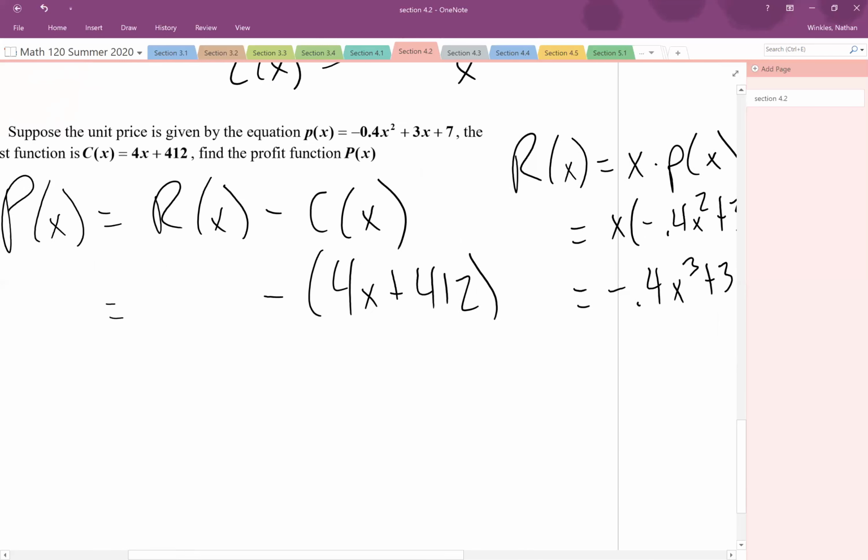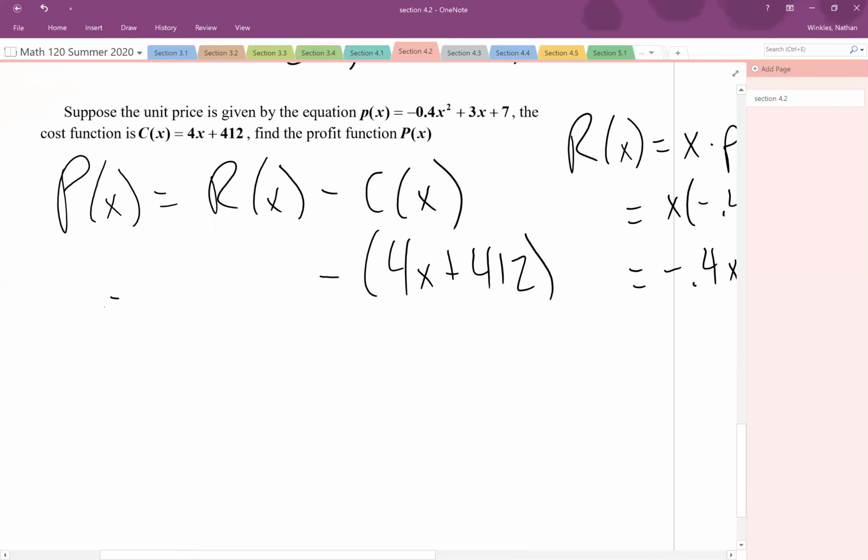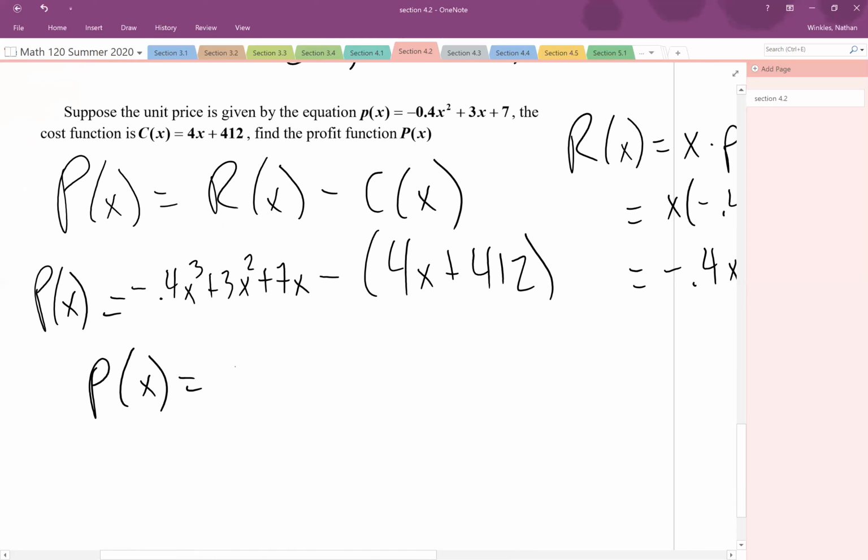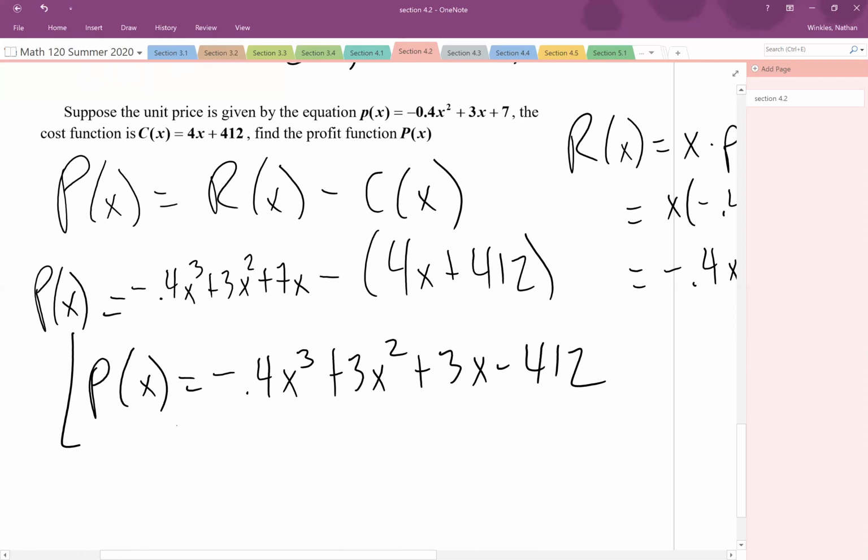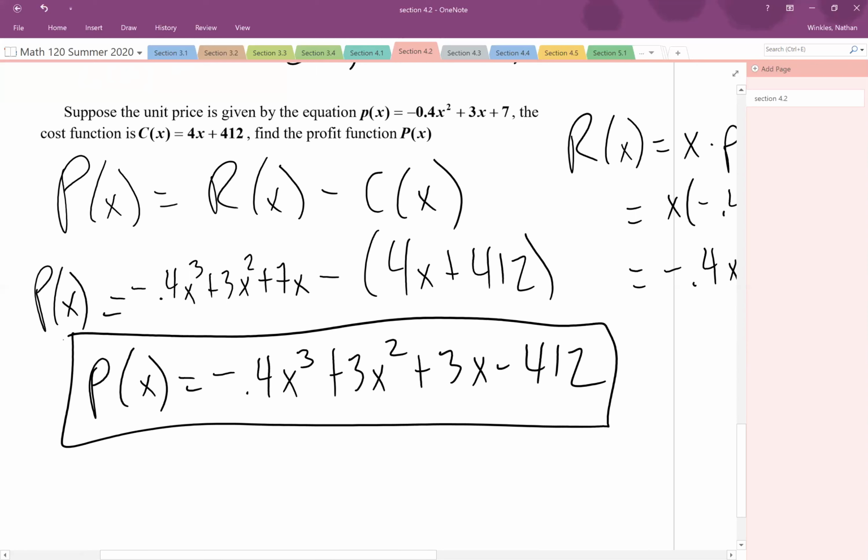So we would have that P of x is equal to negative 0.4x cubed plus 3x squared plus 7x minus that whole thing, or that if we simplify, P of x is negative 0.4x cubed plus 3x squared plus 3x minus 412 would be our function P of x.